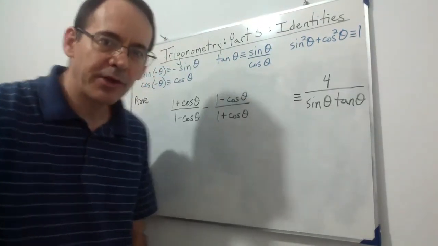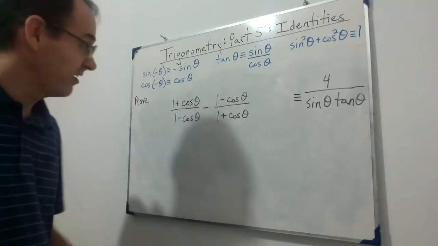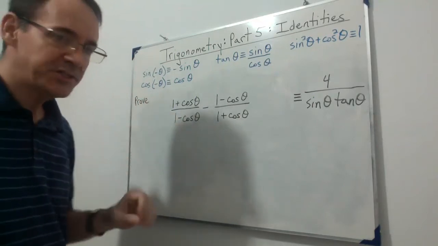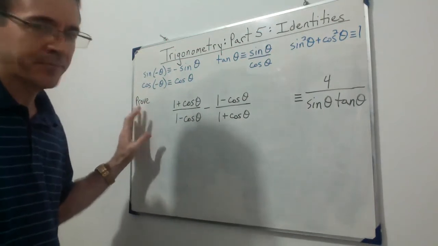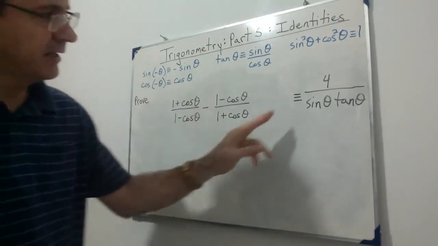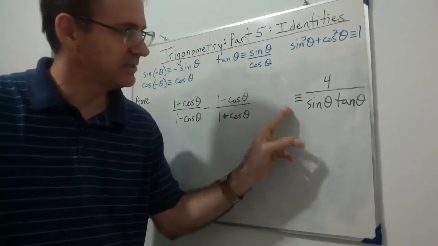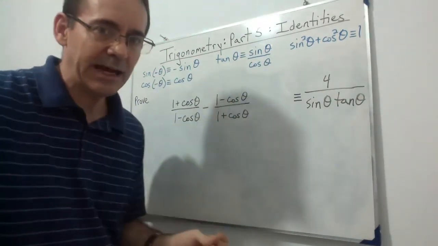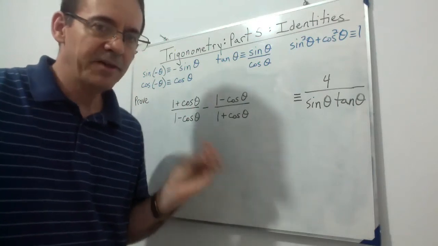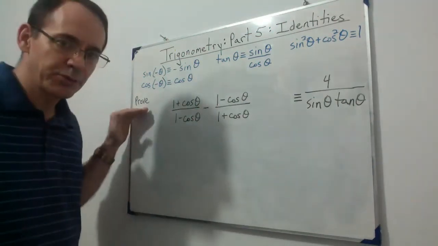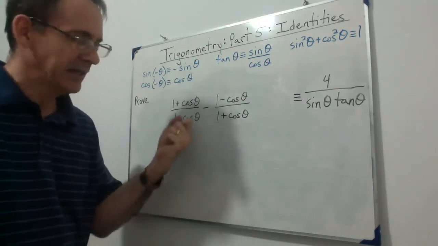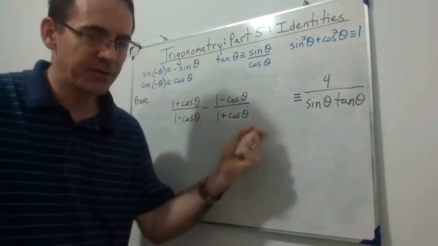Okay, here we are with our first question. The first part of the question says, prove that this side is the same as this side over here. Notice I put a little gap here. On these questions, it's either going to say prove or show, and you need to demonstrate the left becomes the right.